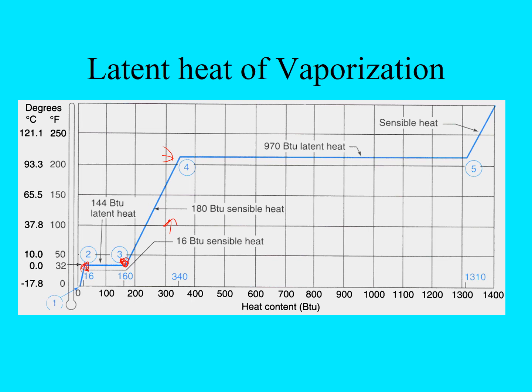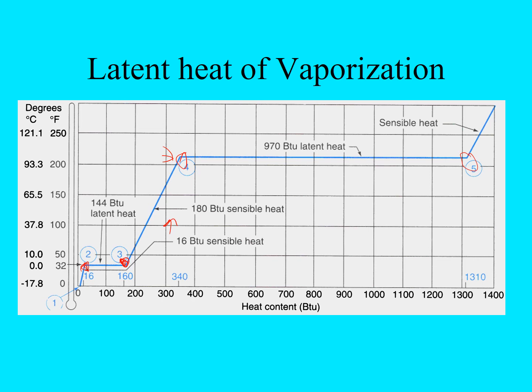So from point 4 to point 5, it's going to take 970 BTUs of latent heat to get 1 pound of water to change completely over to steam. During this additional latent heat being added in, the water is going to start to boil at point 4. And once we get to point 5 with 970 BTUs of latent heat, now we have all steam.